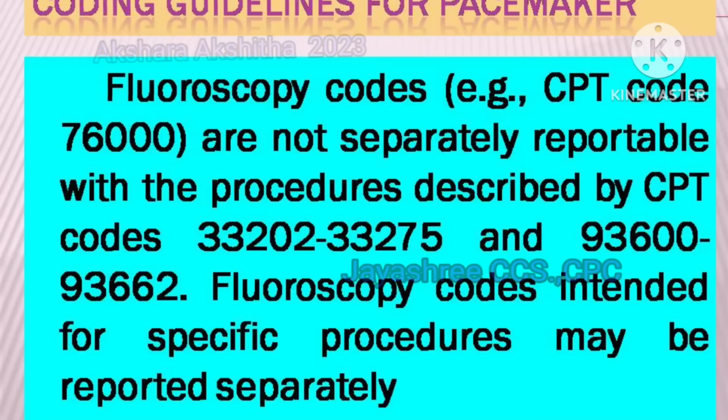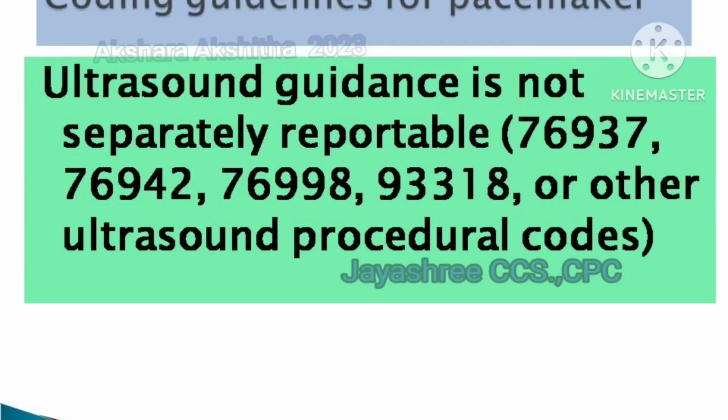Okay. Next point is ultrasound guidance, also not separately reportable with the main procedure. So ultrasound codes are 76937, 76942, 76998, 93318 and other ultrasound procedure codes. So these ultrasound codes also we should not report with the pacemaker. Okay.